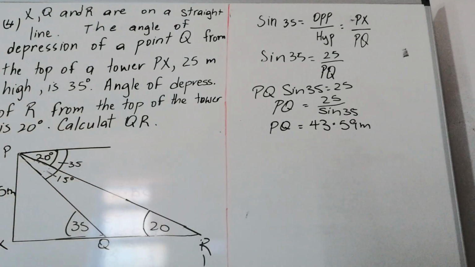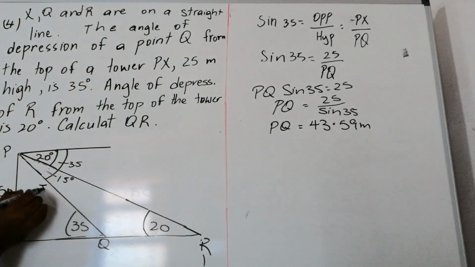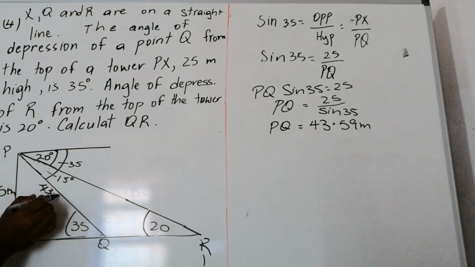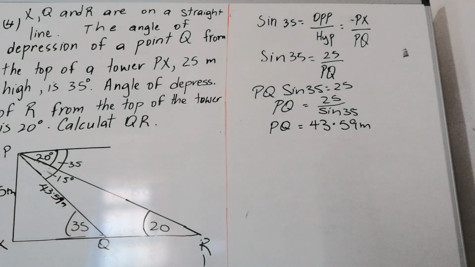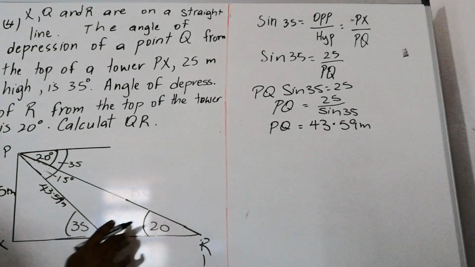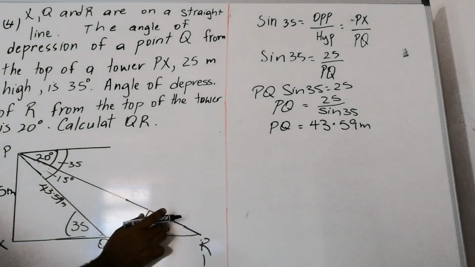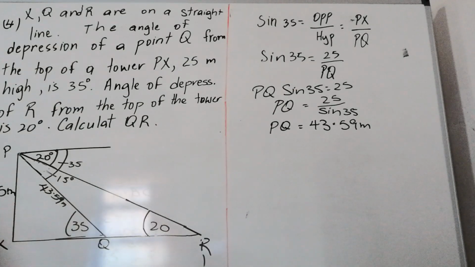So let's put it in there, 43.59 meters. So to find this length QR, we have an angle, the side opposite, and we have this angle here, and we need to know that side.